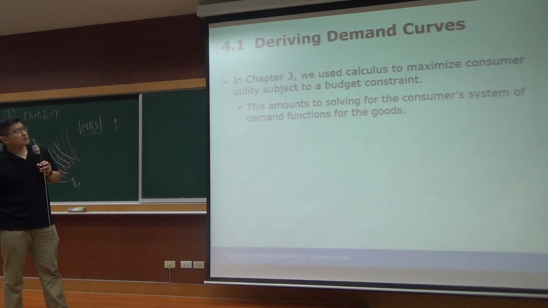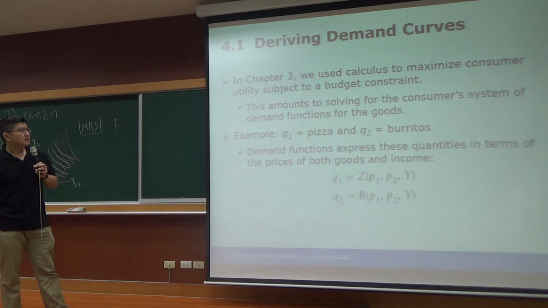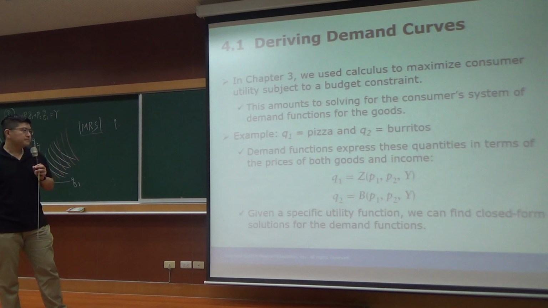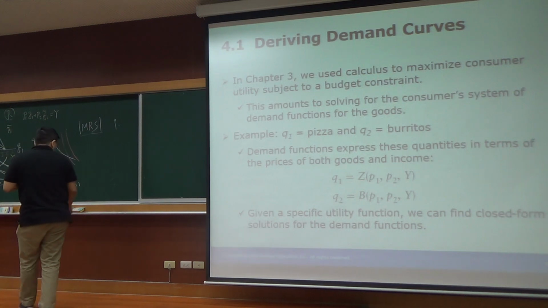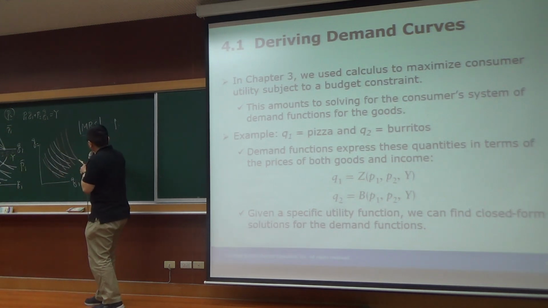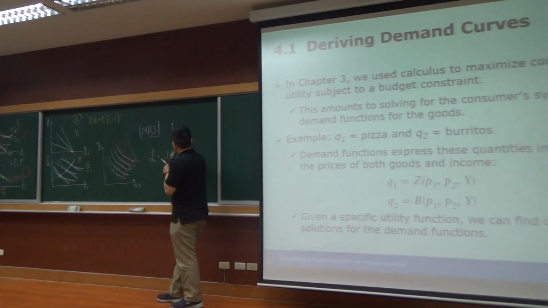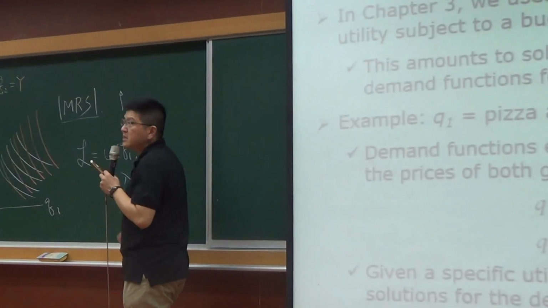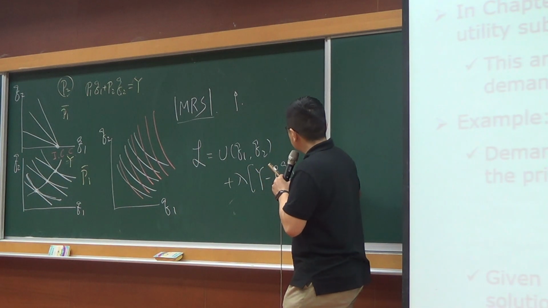In chapter 3, we use calculus to maximize consumer utility subject to a budget constraint, and this amounts to solving for the consumer's demand of commodities. So you must remember the Lagrangian function, right? It's a utility Q1, Q2 plus a Lagrange multiplier lambda (Y minus P1 Q1 minus P2 Q2).